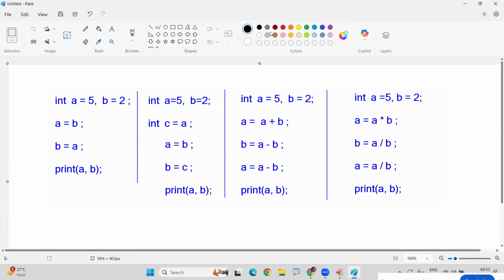Take time and write the output for these first. Now let me explain one by one.